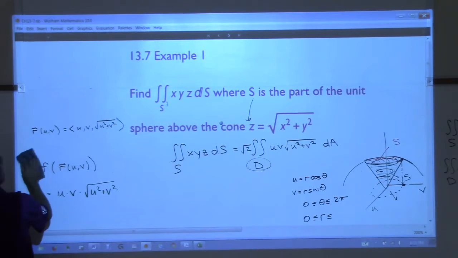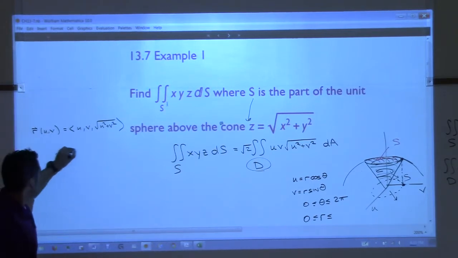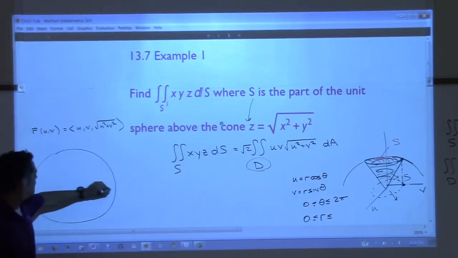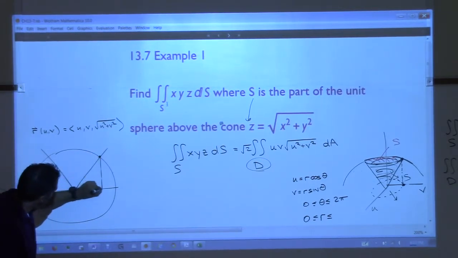Okay. So I'm going to now try and figure out where the sphere and the cone hit each other so I can figure out the radius restrictions. If we take a cross section of the unit sphere and look at our cone in here, we're trying to figure out where that hits.